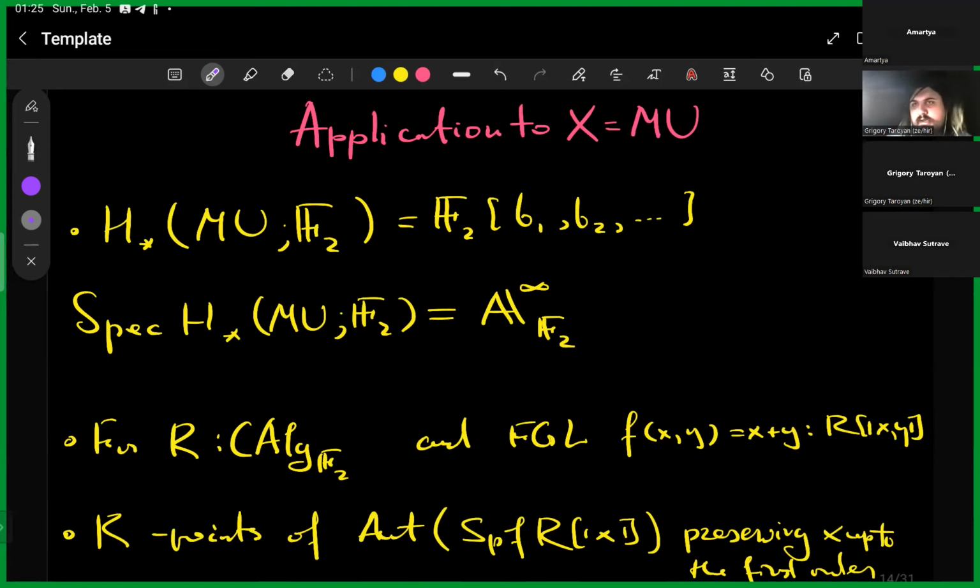So in principle, we have some gadget that takes as an input something that we already know, i.e. homology of MU, and produces something that we want to get, i.e. homotopy groups of MU.